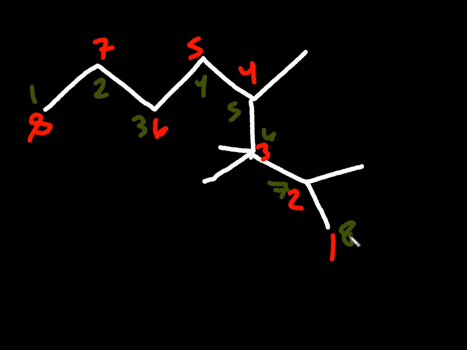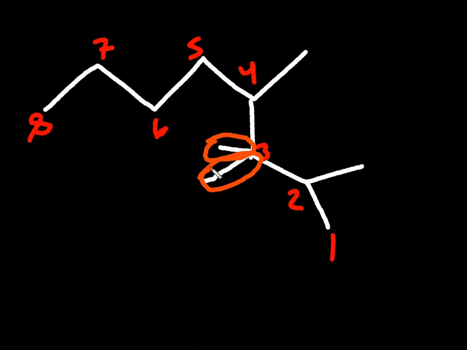Now, let's start with the red. Just focus on the red ones for now. So on the red, on the third carbon, what do we have? We have 2 methyls.